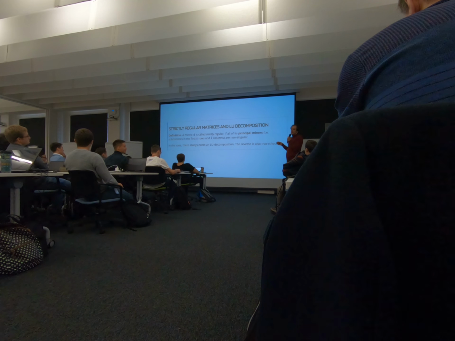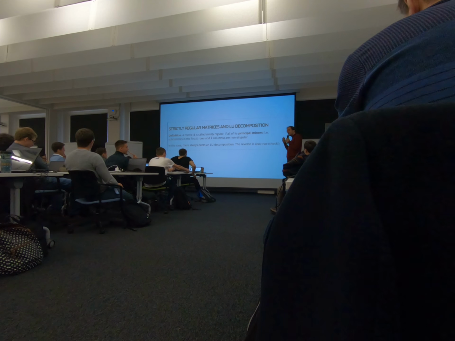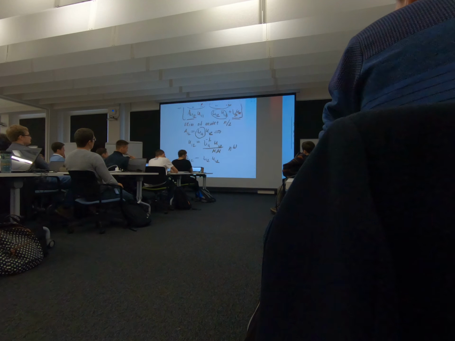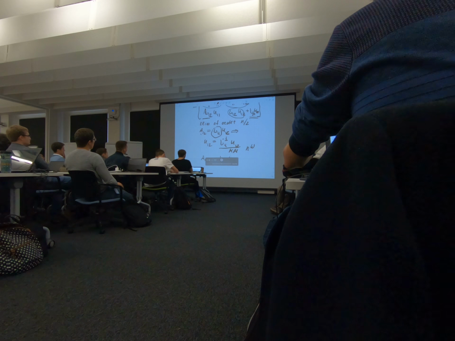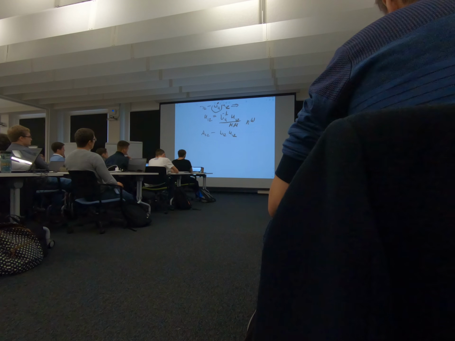So the question that we are answering: you are given a matrix, when does the LU decomposition exist? It exists when the matrix is strictly regular, if all of its principal minors are non-zero. I call it pivots, but minors, I think it should be minors.